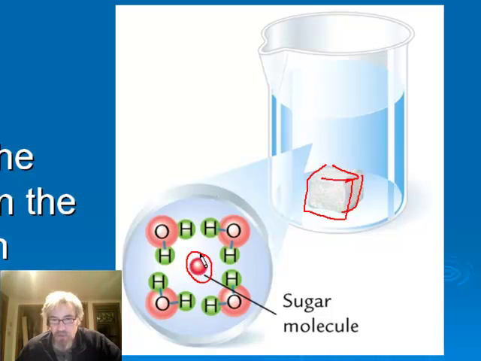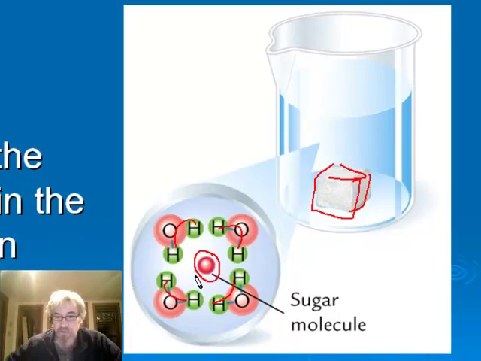It's surrounded by waters. It makes that water shield that we learned about in the last set of notes. But the sugar molecule is still a neutral sugar molecule, so it's not an electrolyte. And if I have 5 moles of sugar dissolved in this water, I'm going to have 5 moles of sugar molecules, 5 moles of particles.